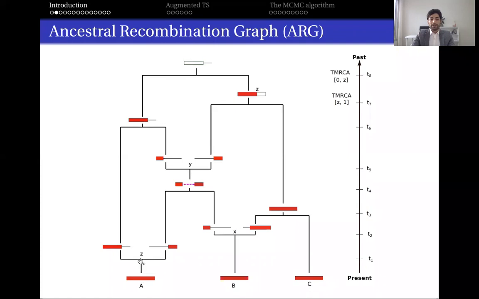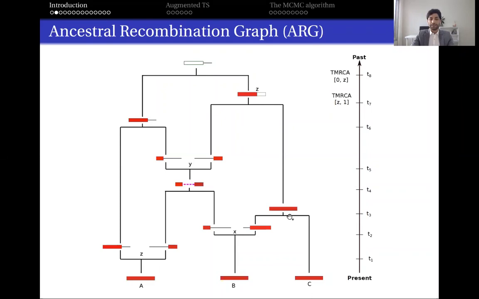This recombination splits the branch A into 2 new branches. One carries the ancestral material right of the breakpoint Z, and the other carries the ancestral material left of the breakpoint. Going back in time, again, a new exponentially distributed time, T2, the event is a recombination event again. And the third one at T3 is a coalescence event.